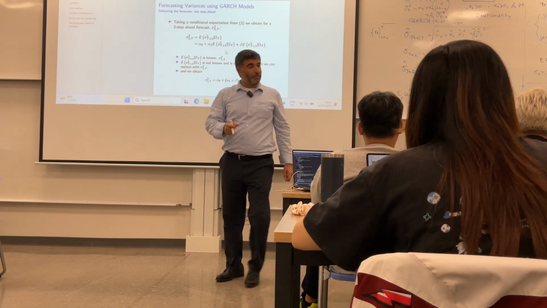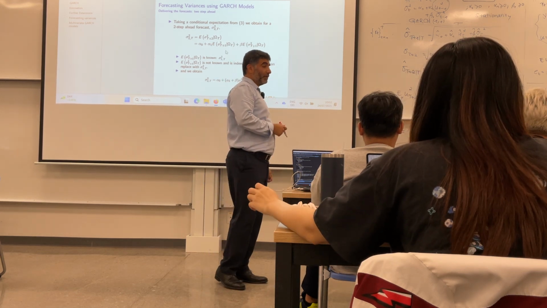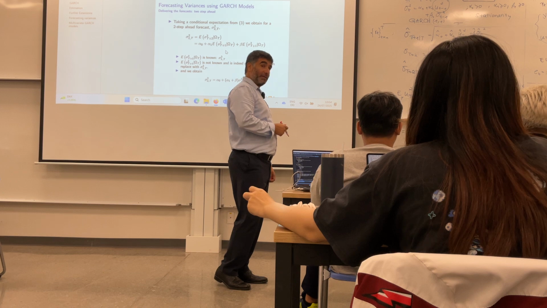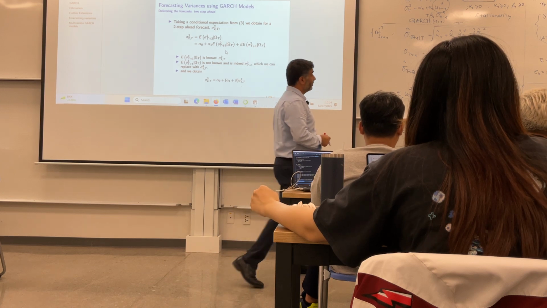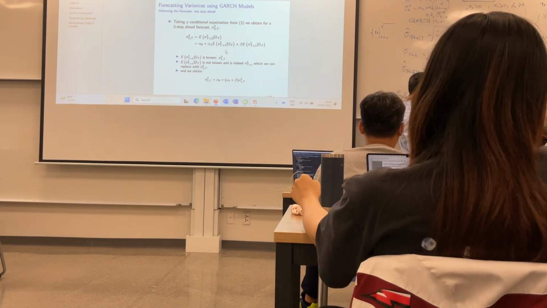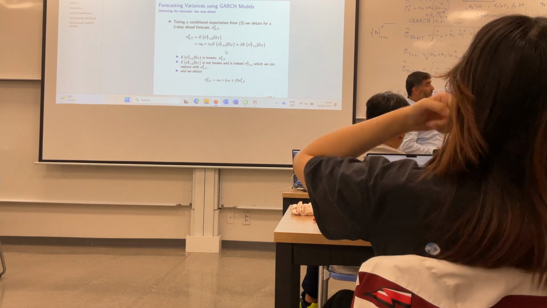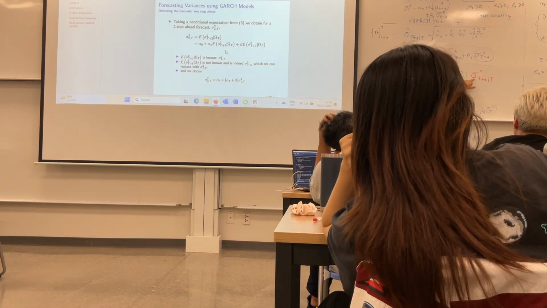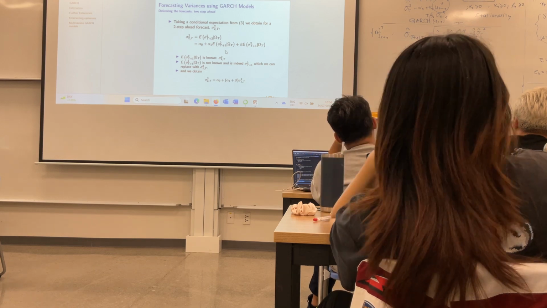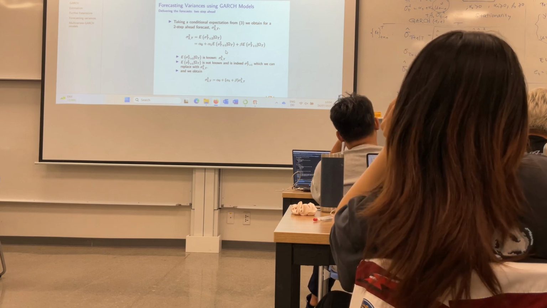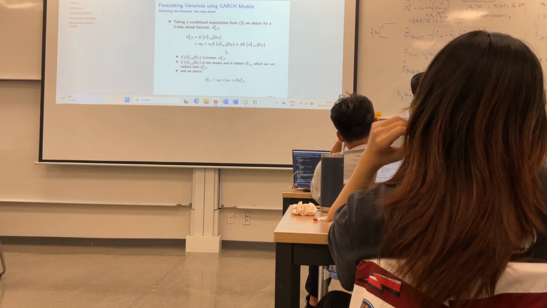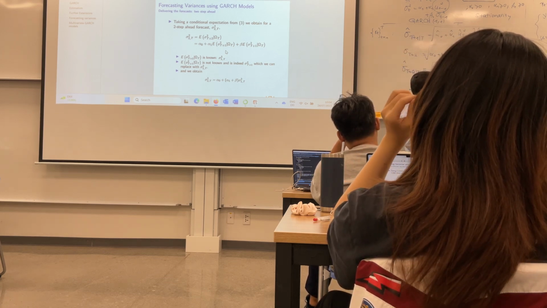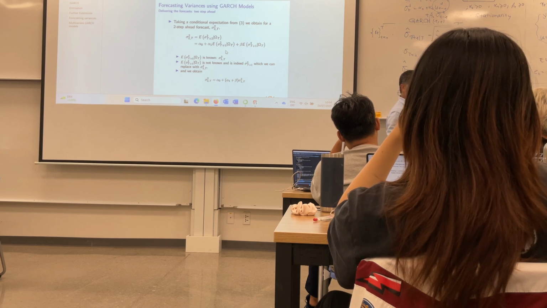It's also u squared. On average, this will be sigma squared. And then we don't have sigma squared in t plus 1, but we have an estimation, a forecast, and we plug that in.